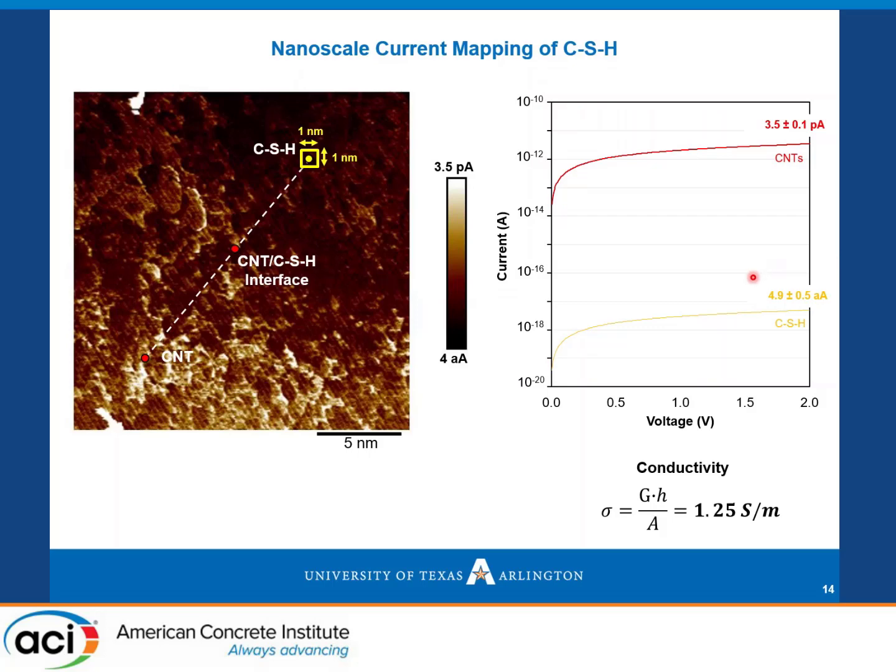That means that at 2 volts here, the CSH exhibit a current of about 5 attoampere. And we used this current to calculate the conductivity that was found 1.25 Siemens per meter. Orders of magnitude lower than the superconducting carbon nanotubes.